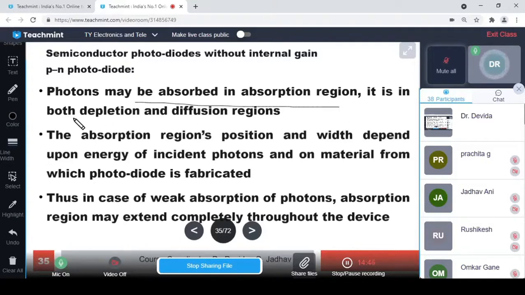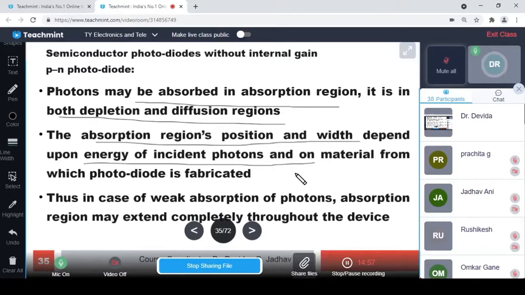The absorption region's position and width depend on the energy of the incident photon. As the wavelength is longer, the energy becomes lesser and the absorption becomes weaker. In case of weak absorption, the photon absorption region may extend completely throughout the device.